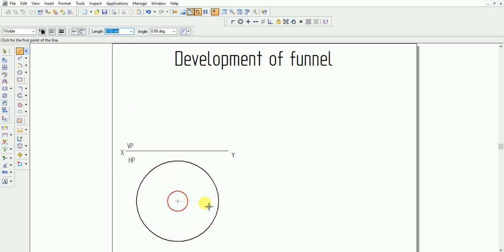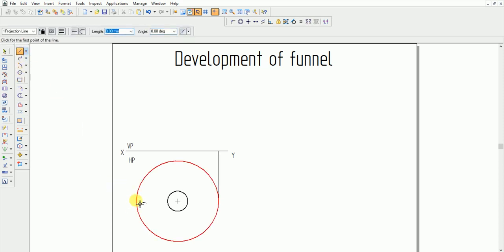Okay, now let us draw a line from here to here, and let it be a projection line.